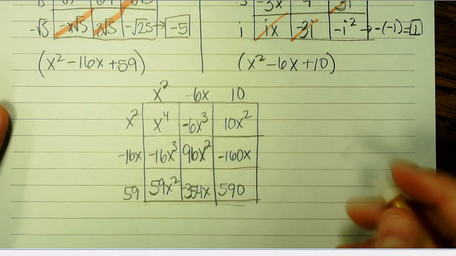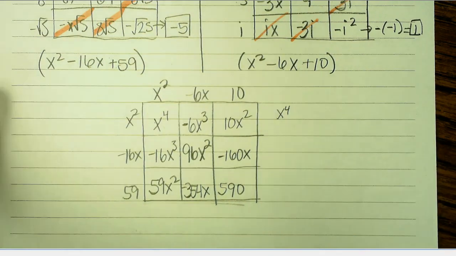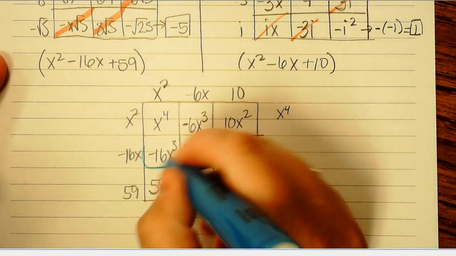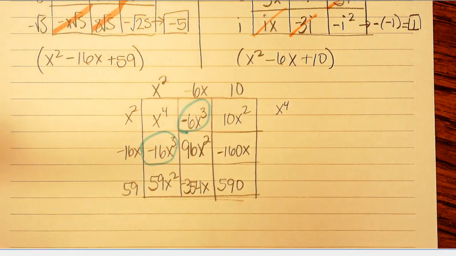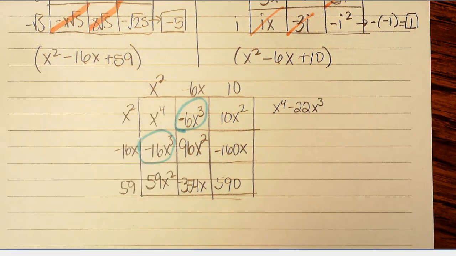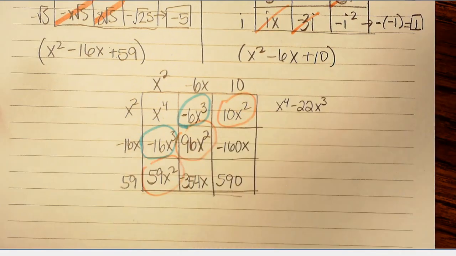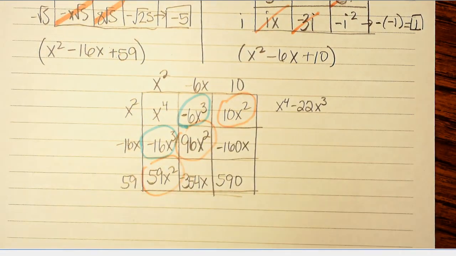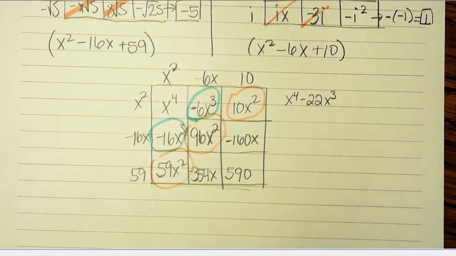We're going to combine like terms. So I have x to the 4th. And let me just circle these. So here are my x to the 3rds. They're both negative, so this is going to be negative 22x to the 3rd. Here's all my x squareds. So I'm just going to grab my calculator. We got 59, 96, and 10.